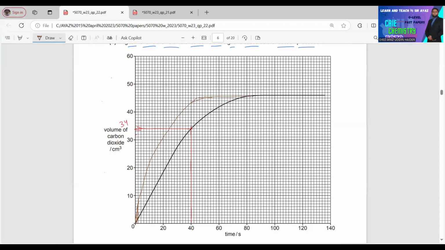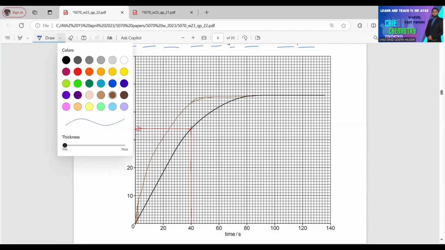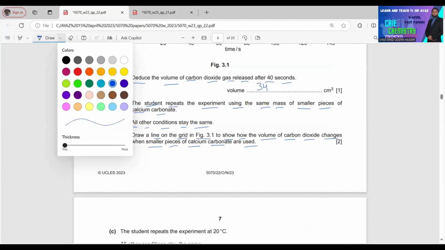So this will be the final line. Moving to next part.